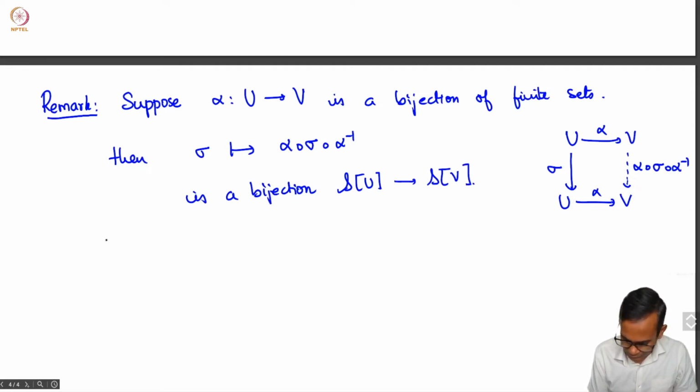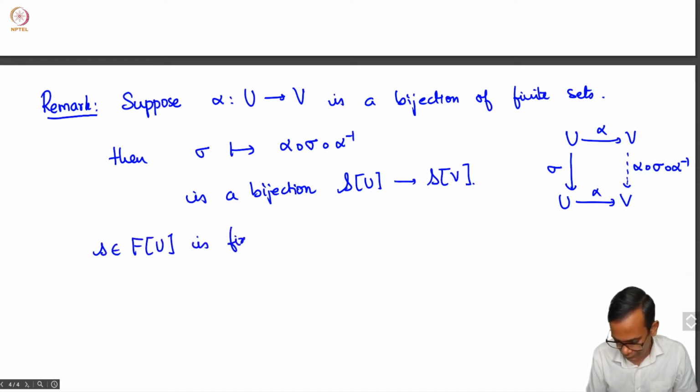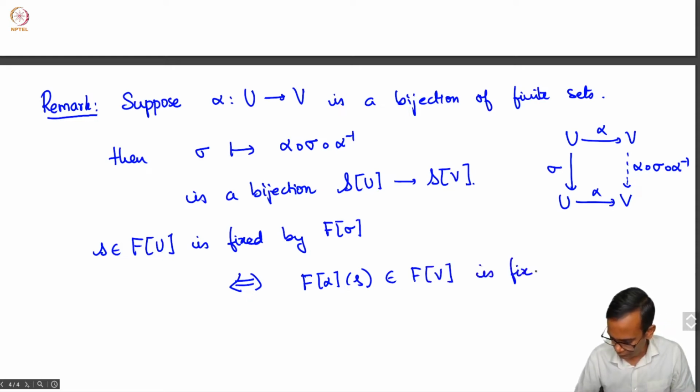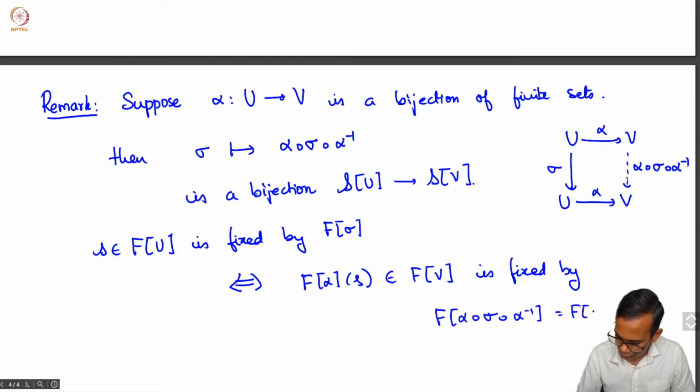And if you now apply F to these things, what I want to say is that S belonging to F[U] is fixed by F[sigma] if and only if F[alpha] of S belonging to F[V] is fixed by F of alpha circle sigma circle alpha inverse, which is the same as F[alpha] circle F[sigma] circle F[alpha] inverse.